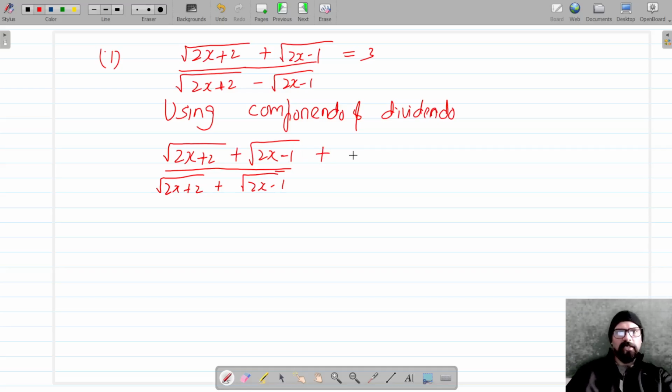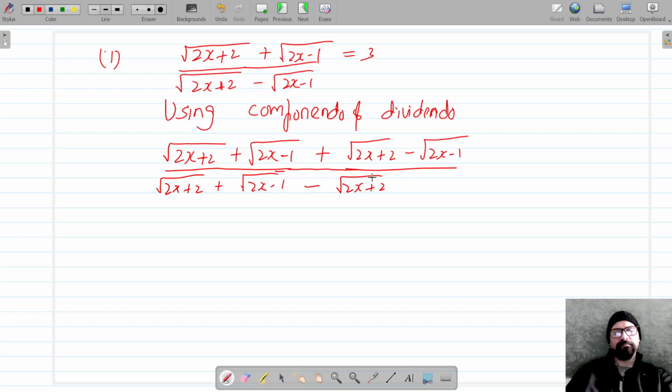So you add and then subtract the denominator. This is minus. Similarly here, you write 3 by 3, then add and subtract the denominator.